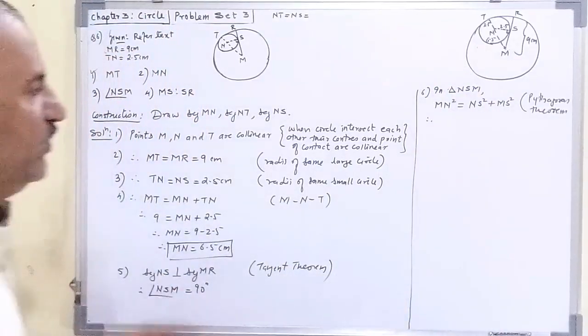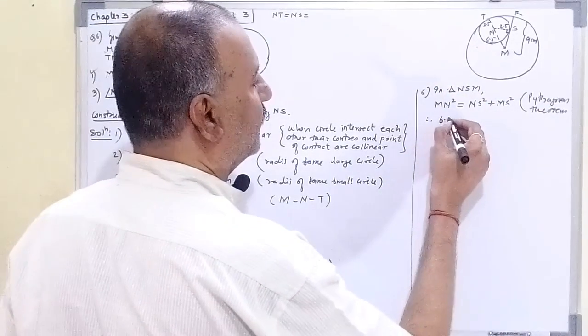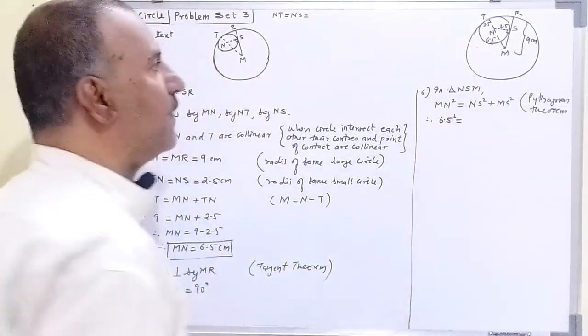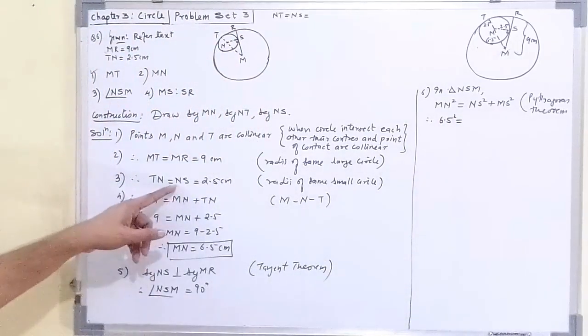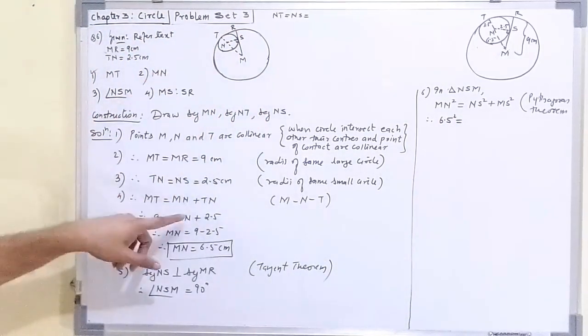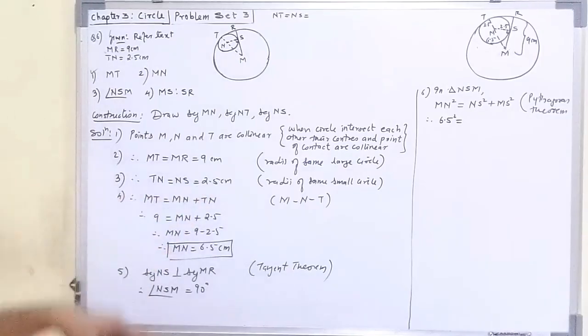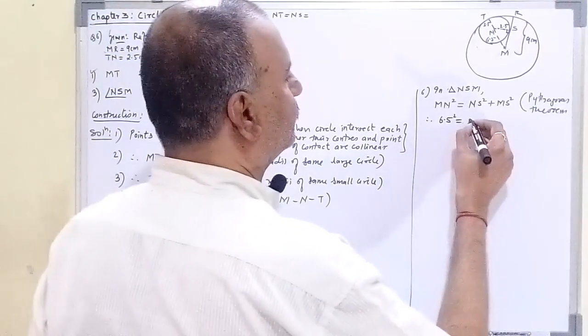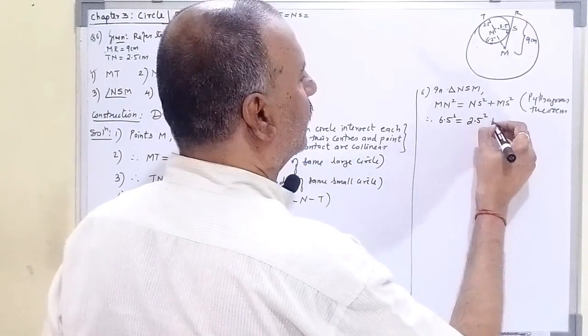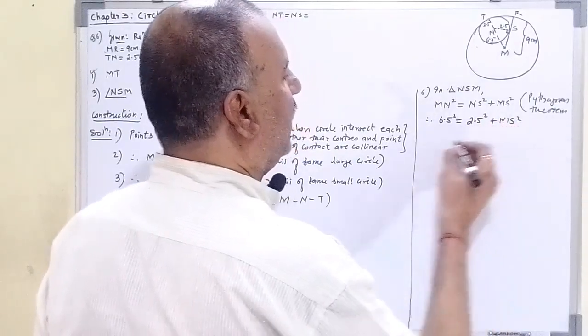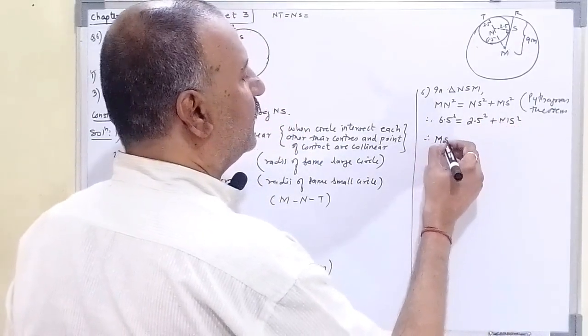MN we found out 6.5. NS is a radius of the same small circle, 2.5. MS find करना, I told you how to do it.